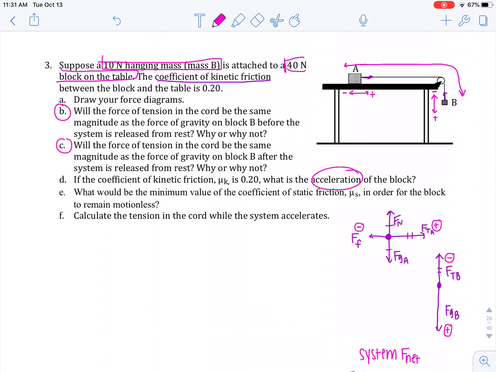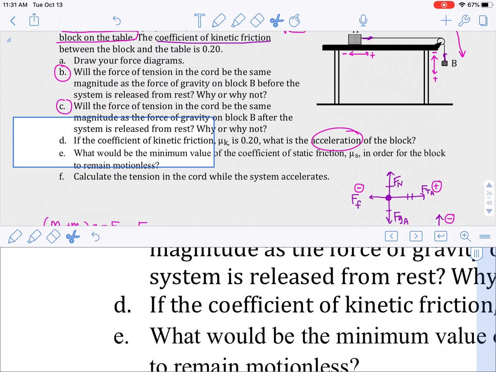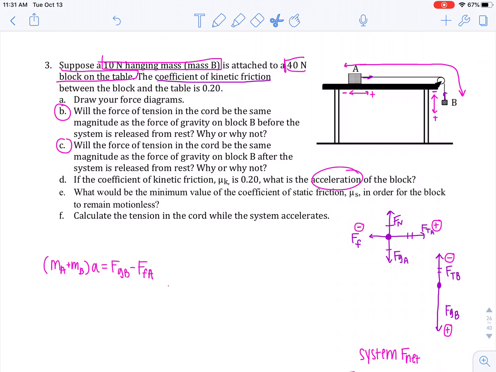Do I have the mass? So let's start there, right? Because this is the equation that I'm going to be using. Do I have the mass? I don't. I have something measured in newtons, which is the weight. I do not have the mass.